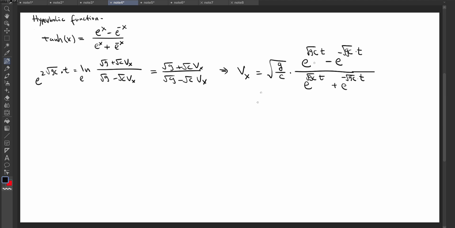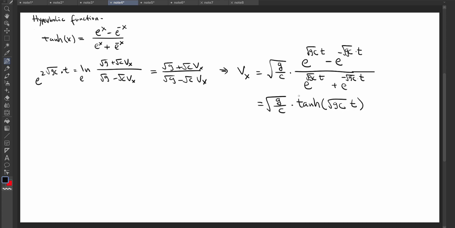So that's why we can replace all those complicated expressions by tanh, the hyperbolic function, of square root of gc times t. If you are familiar with the tanh function, then you can use this directly.